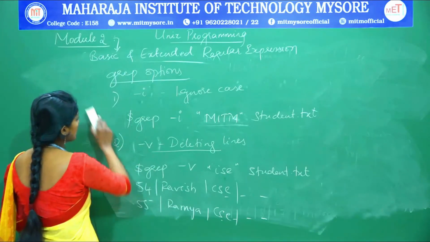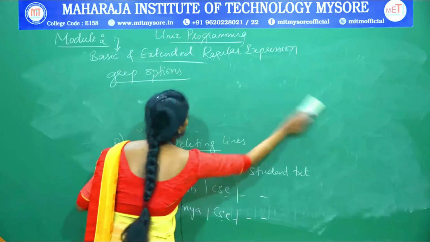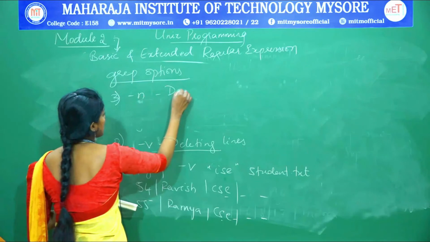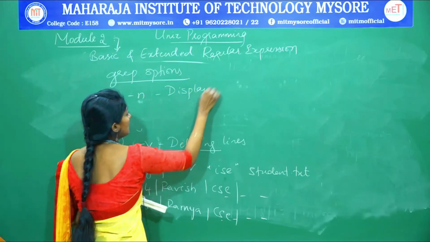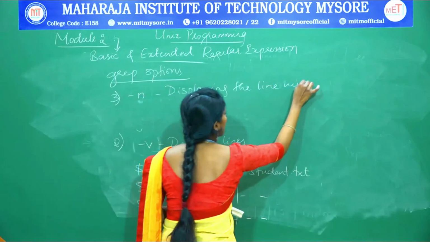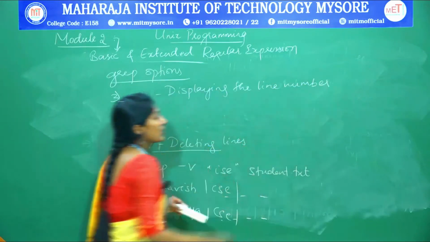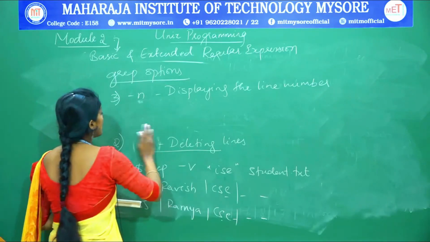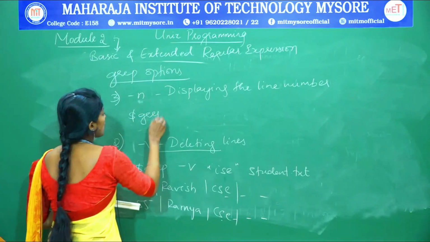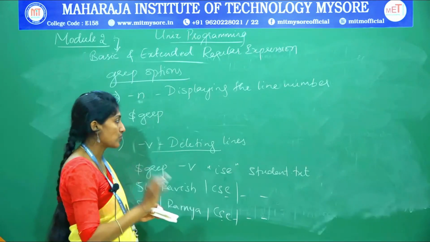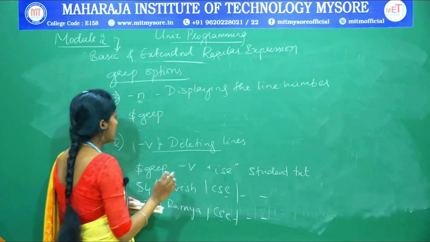The next option within this is the third option, -n, that is displaying the line number. Whatever the pattern I have given, at which line that pattern is associated, that line number will be displayed.